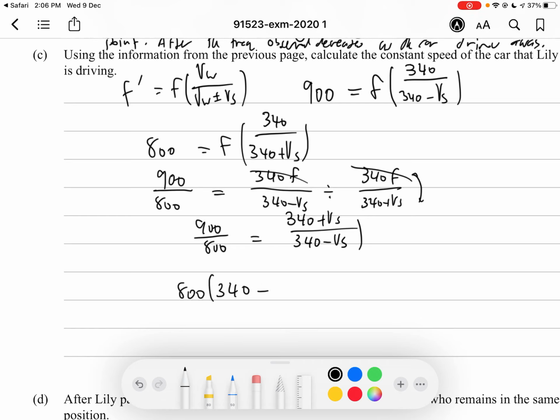So we can cross multiply. 800 times 340 plus Vs equals 900 times 340 minus Vs. Now we're just going to expand the brackets.